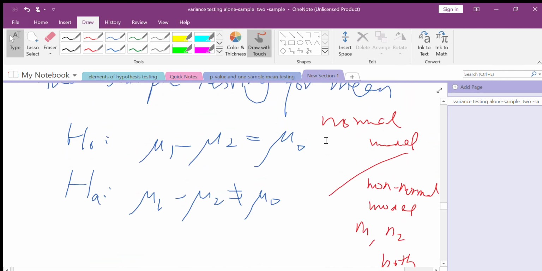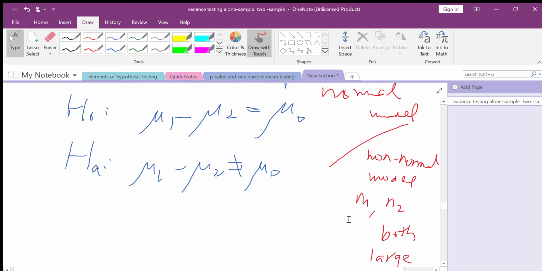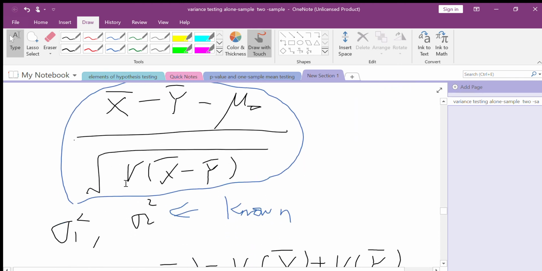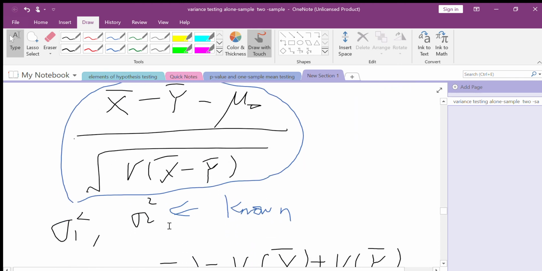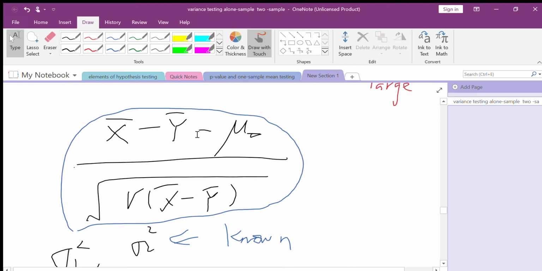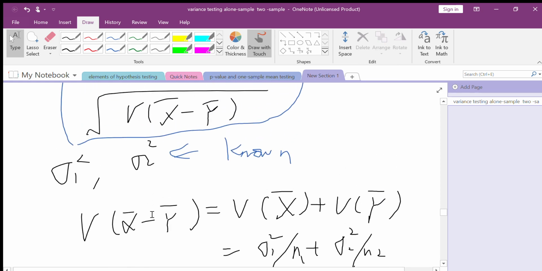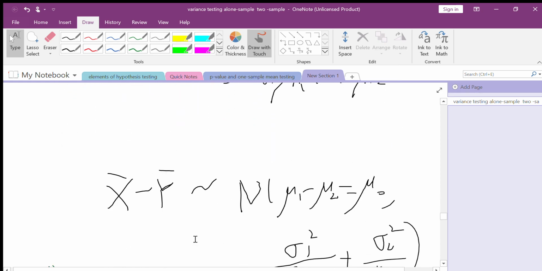Our model assumption is a normal model, or a non-normal model with n1 and n2 both large. We first observe that if sigma 1 squared and sigma 2 squared are known, then we can compute this quantity. We also notice that x bar minus y bar itself is again normal.